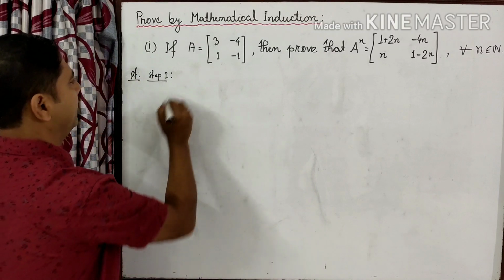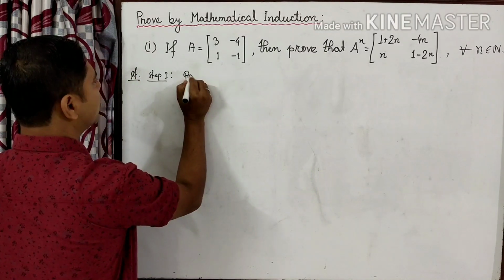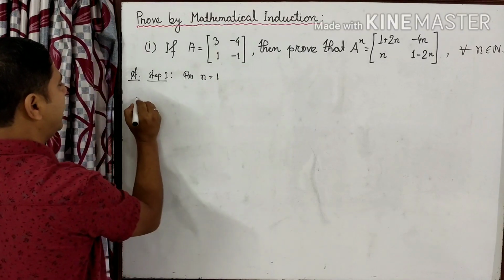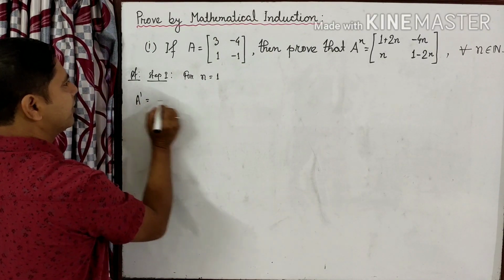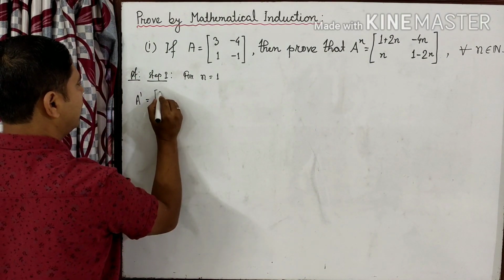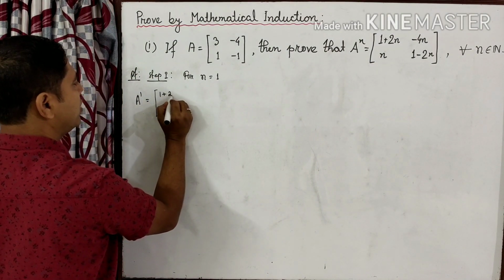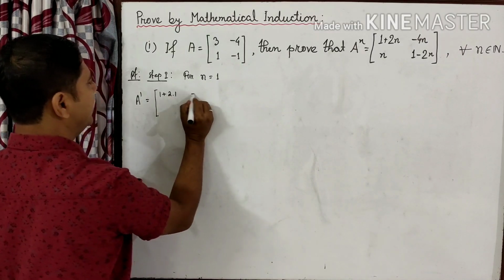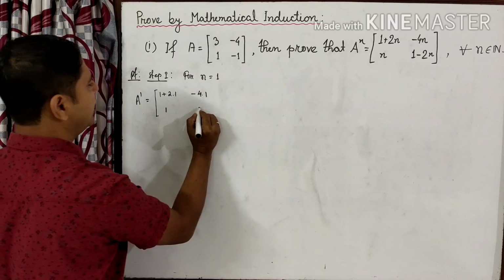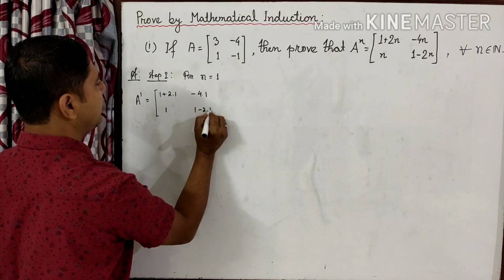Now the first step: you have to verify for n equal to 1. Then you have A to the power 1 from the given statement: 1 plus 2 into 1, minus 4 into 1, 1, and 1 minus 2 into 1.